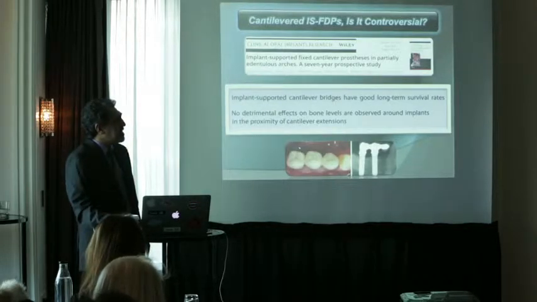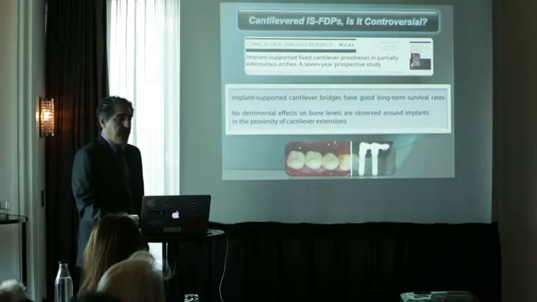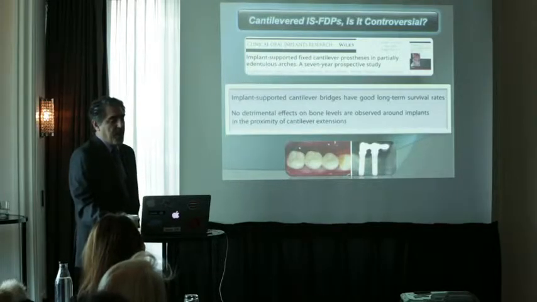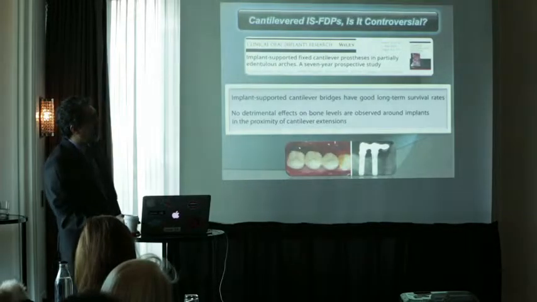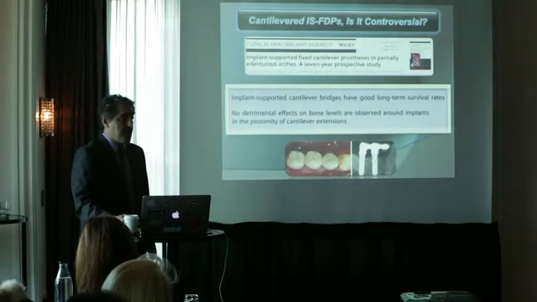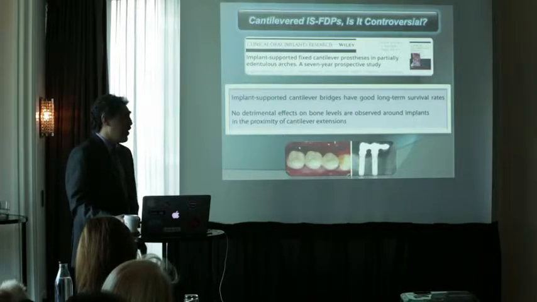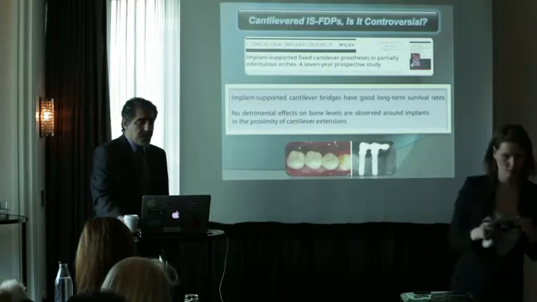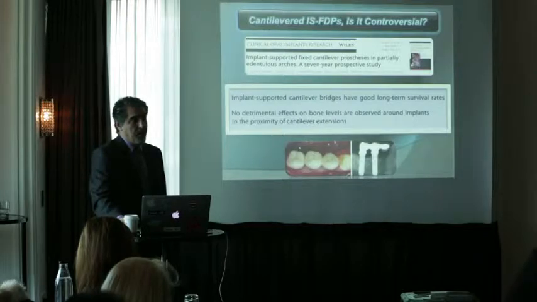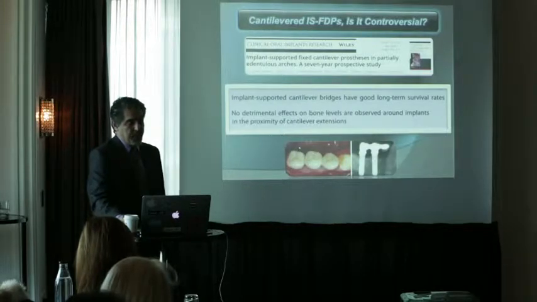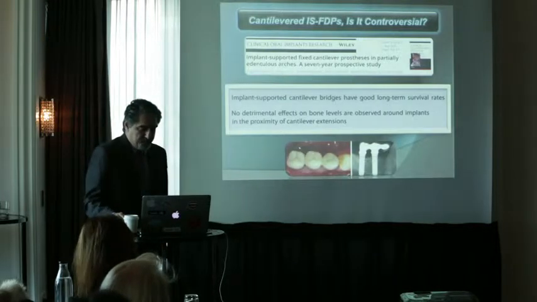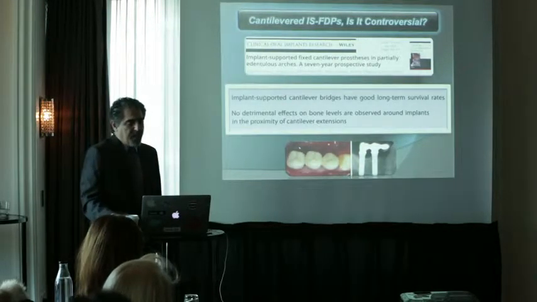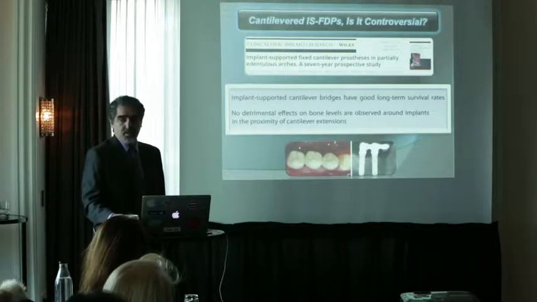But in this 7-year prospective study, they realized that after having the cantilever, a one-tooth cantilever bridge, the survival rate was good, and there was no detrimental effect on the bone level of the peri-implant area. So they concluded that, well, cantilever for implants, no problem.